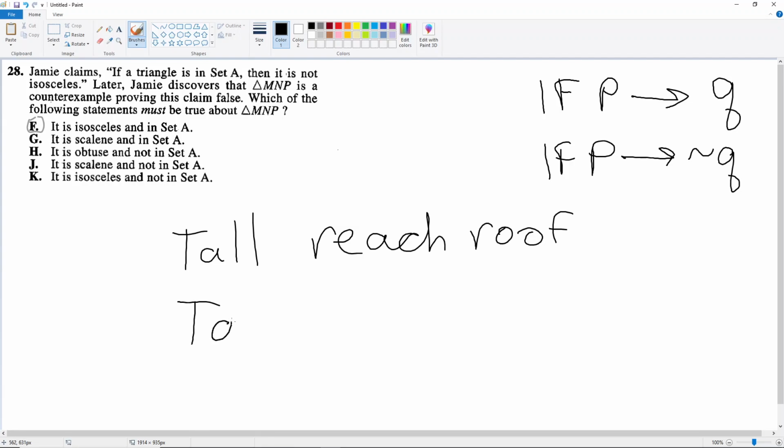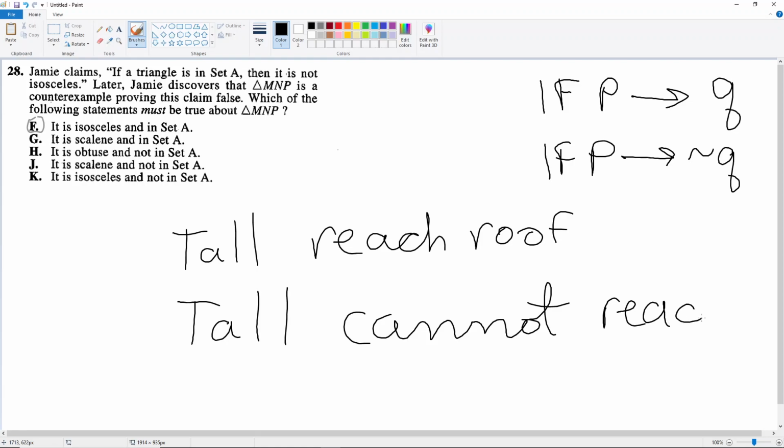If P, if tall people, then they cannot reach the roof. You convinced me. Cannot reach the roof. So if my example is tall people can reach the roof, my counterexample is tall people cannot reach the roof.